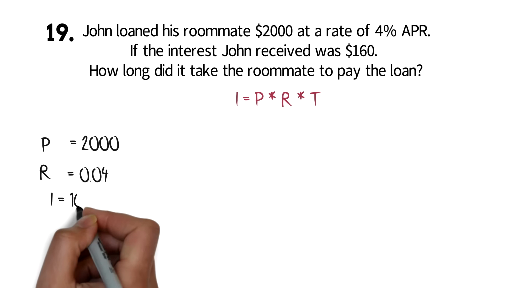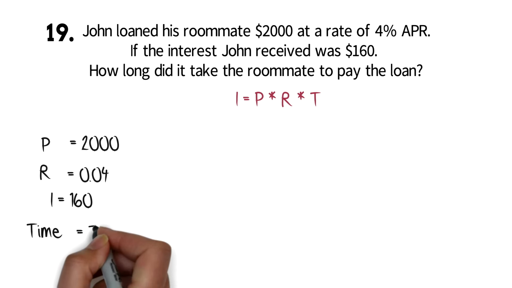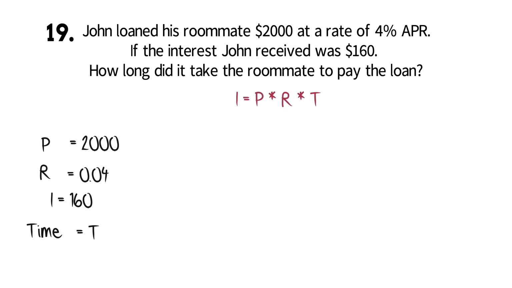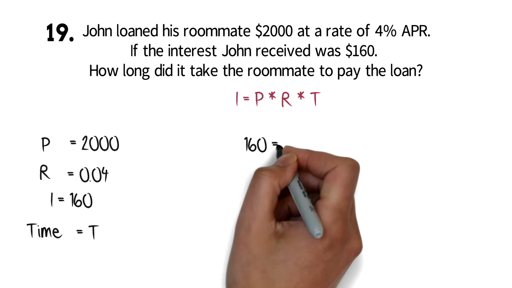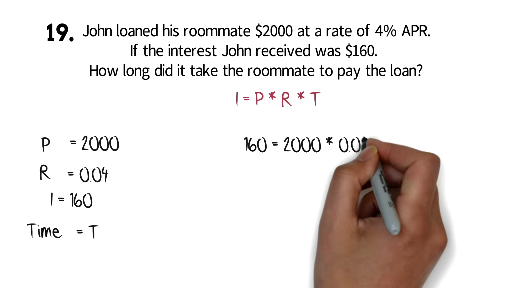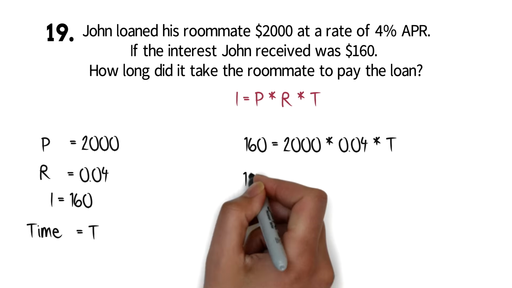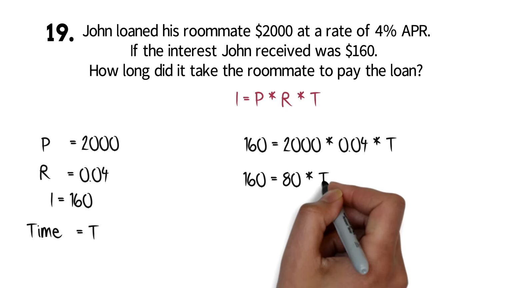The interest John received was $160. The time is what we are supposed to find. Let's represent it by t. Let's put the values we have into the equation and solve for t. So we will have 160 equals 2,000 times 0.04 times t. 2,000 times 0.04 is 80. 160 equals 80t.